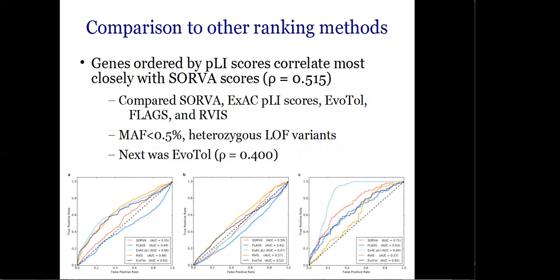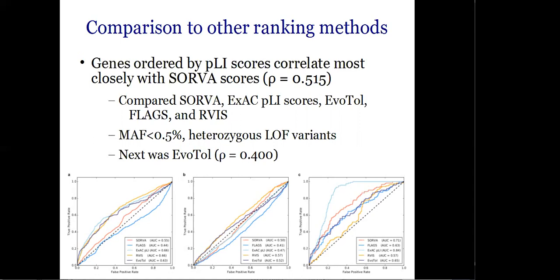So I compared the order in which SORVA would rank genes at a given combination of variant filtering thresholds to how ExAC pLI scores would have ranked the genes, as well as eVOTOL, FLAGS, and RVIS.